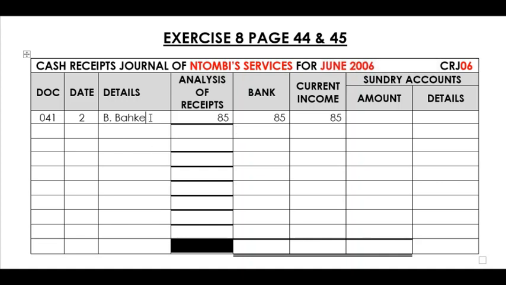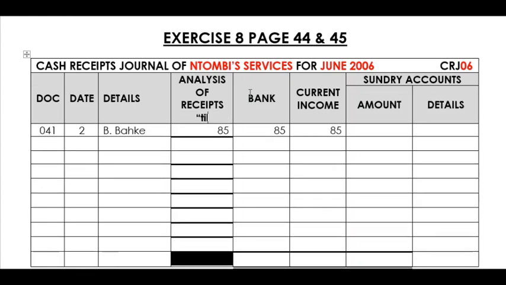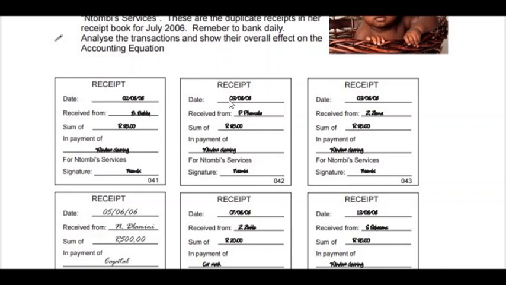The details, remember in this column we write the person's name that paid us is B. Bucky. Okay, now we received 85 Rand from B. Bucky, and we will put it in our till. I'm going to type till here so that you know that I refer to this column as your till. You will notice if you go back to your receipts that the next receipt was for the 3rd of June 2006.